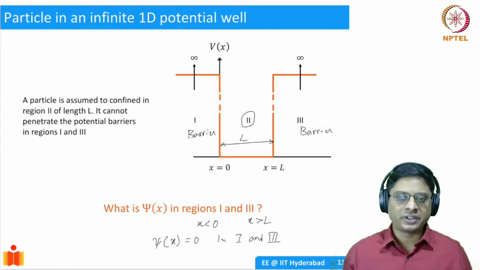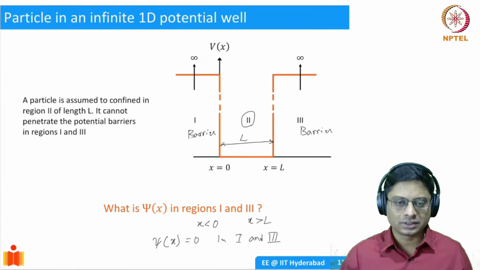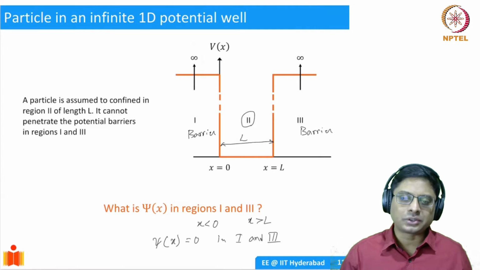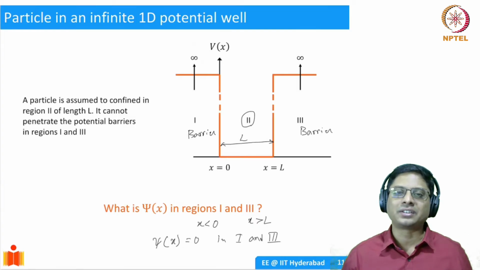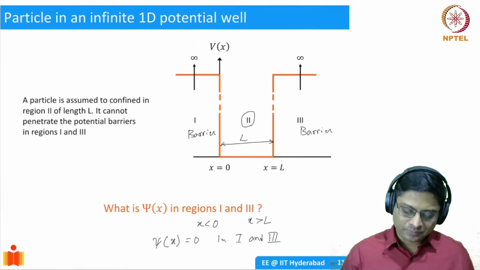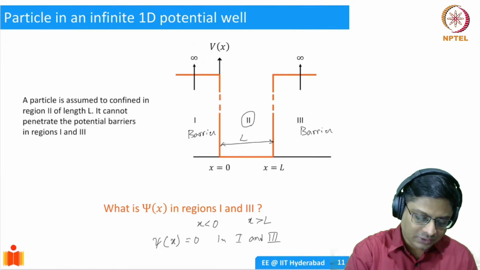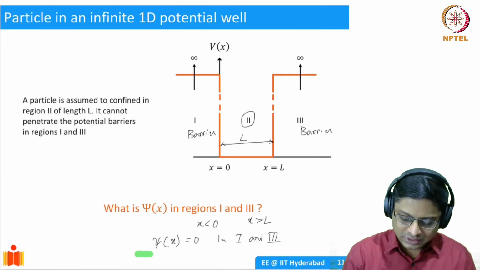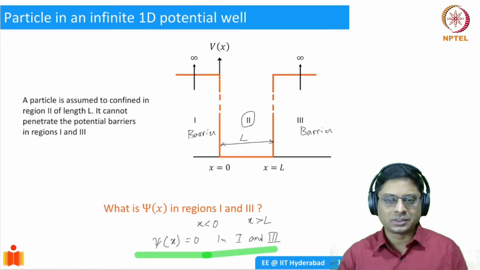Because if the wave function is non-zero, then the probability, which is given by mod psi square, is also non-zero. That means the electron can exist in that region, which is not allowed by the definition of the problem, right? We have taken an infinite potential barrier, so it cannot exist. So that's why this wave function turns out to be 0 in region 1 and region 3. All right, so part of the problem is solved.